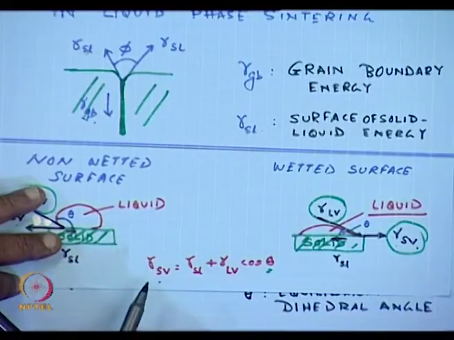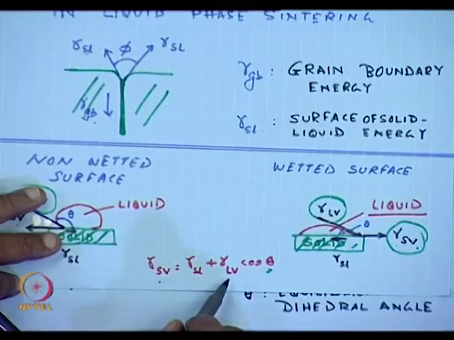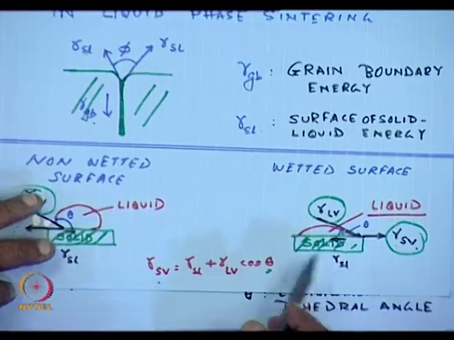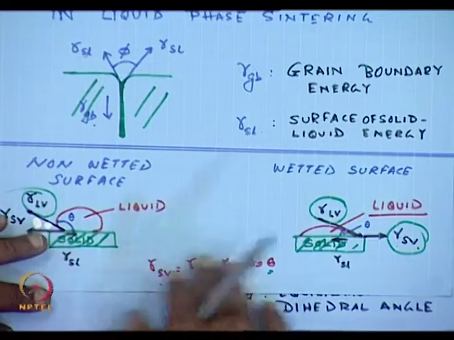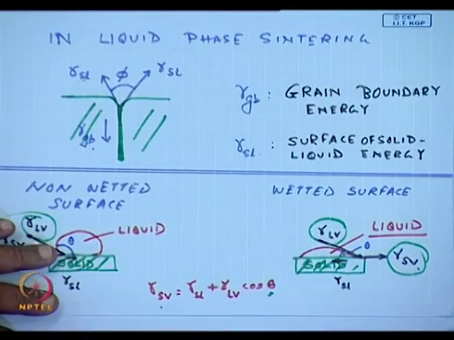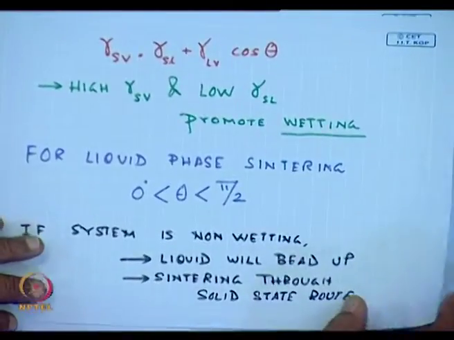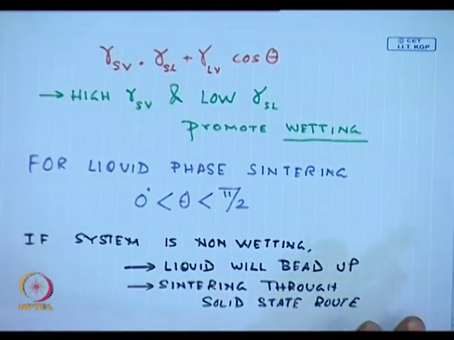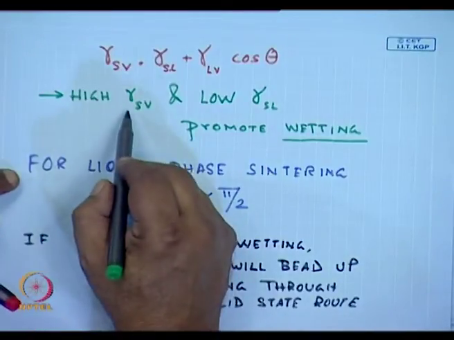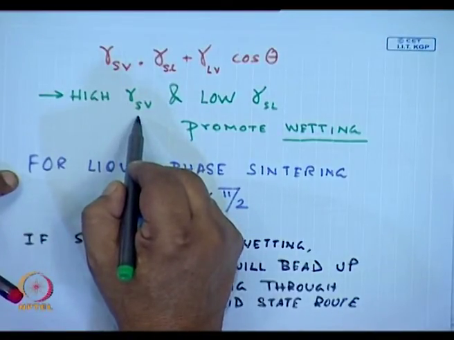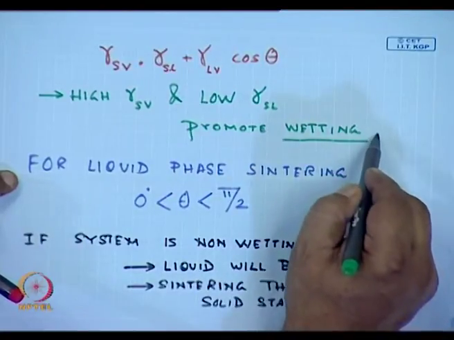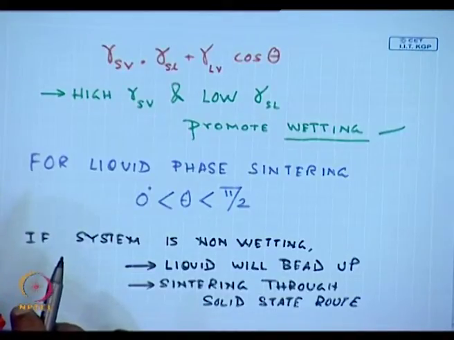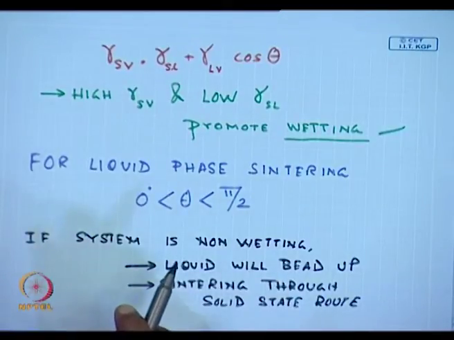The smaller the theta, what will happen? Liquid will spread. The higher the theta, as it is over here, the liquid will form droplets. So, essentially if I rewrite it, high surface vapor and low surface liquid free energy promote wetting, simply from the value of cos theta.